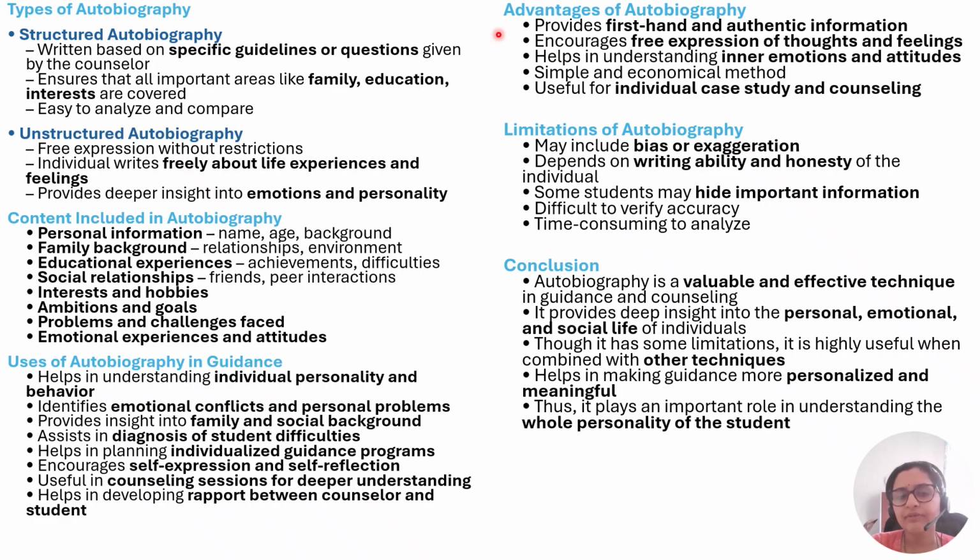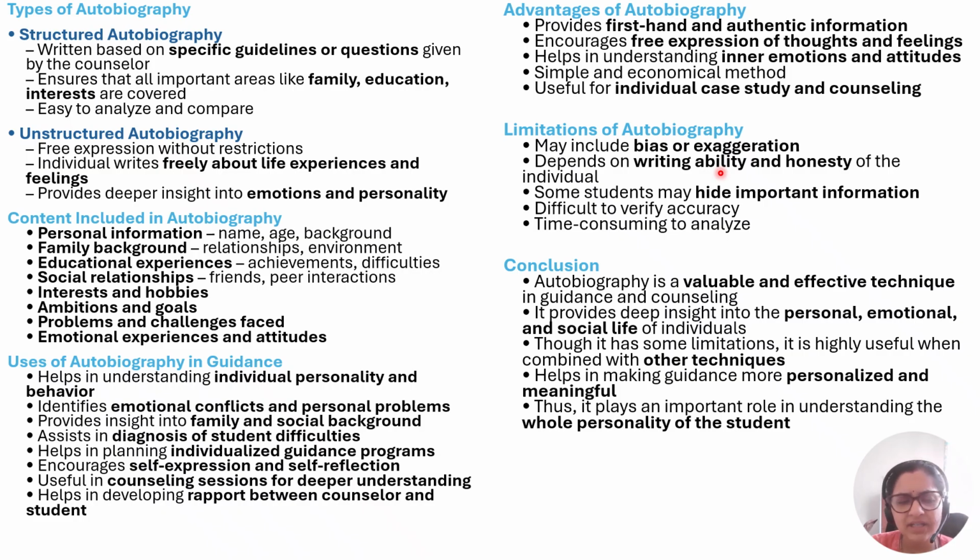So it has both advantages and disadvantages. Advantages are it is first hand and authentic information, and it helps in understanding the inner emotions and attitudes. It is a simple and economic method. It is useful for individual case study and counseling. What are the limitations? Again, it will include a lot of bias and exaggeration. What is exaggeration?